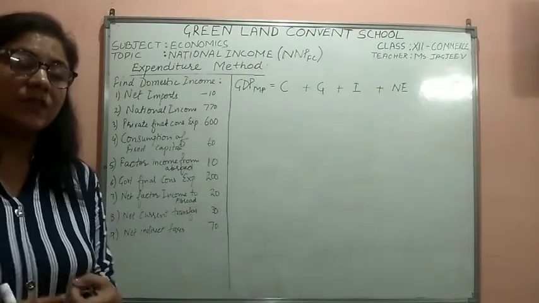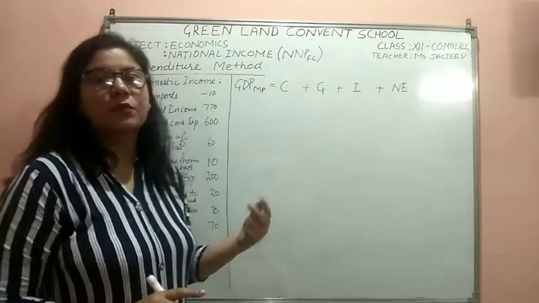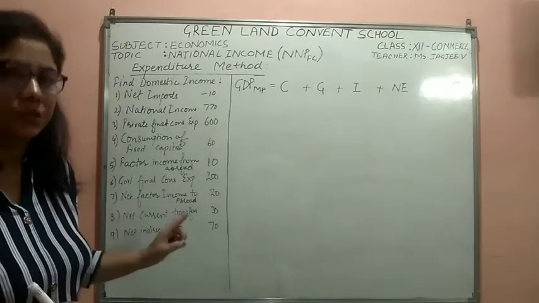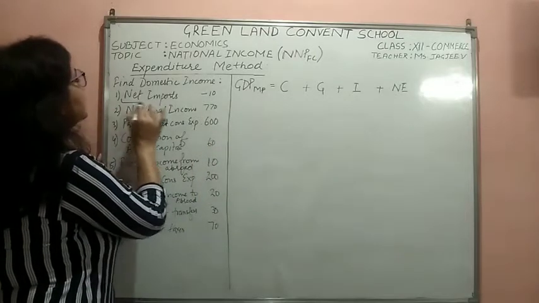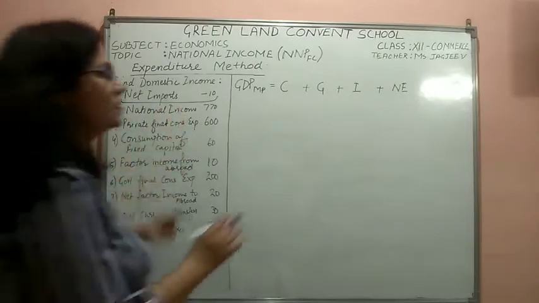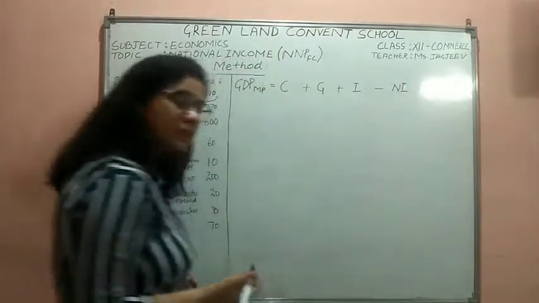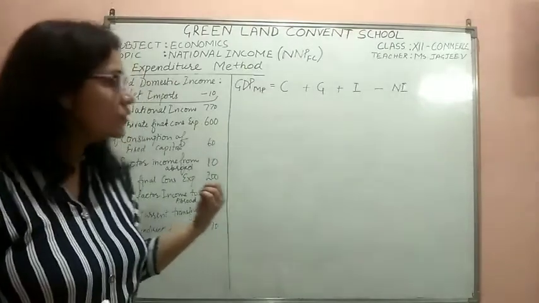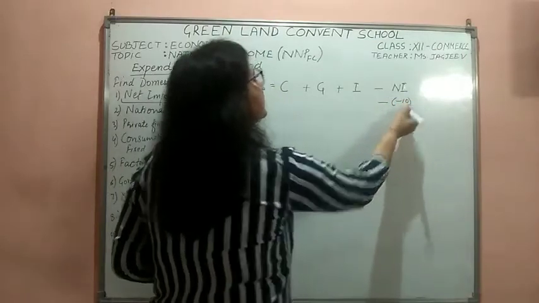So these four items, if we add, we will be getting GDP at MP. Now students, look at what we have in the question. You can pause the video and write down the question. Now, do we have net exports? No, we do not have net exports. In place of net exports, we are having net imports. Then what would we be doing? Minus net imports. If it were net exports, then we would be adding it, but if it is net imports, we would be subtracting it. Now, minus 10.